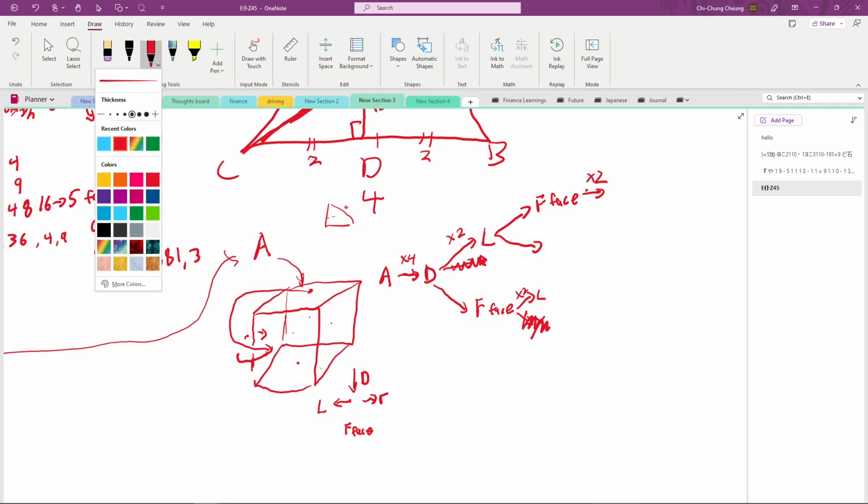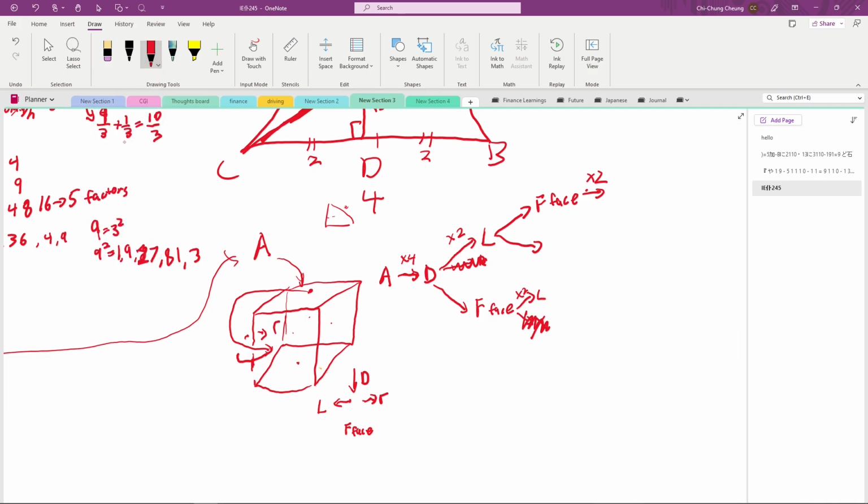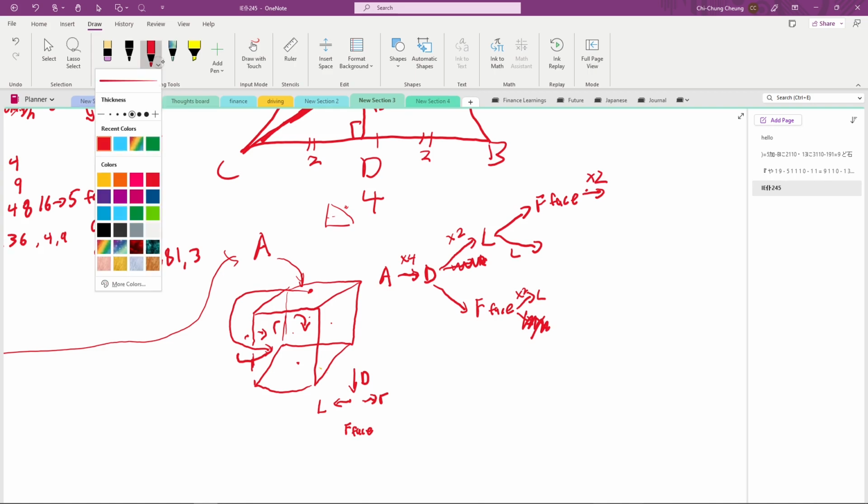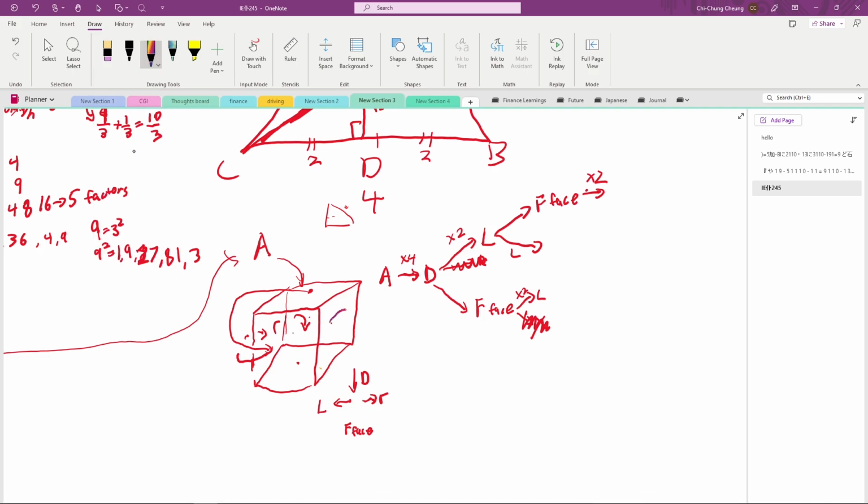If you're on the left face and you decide to go to the back face, like this one over here, if you take another left, then you could end it like this or that.